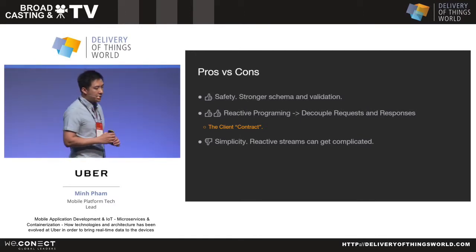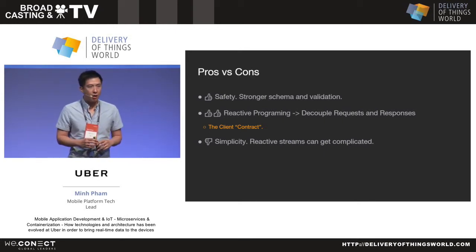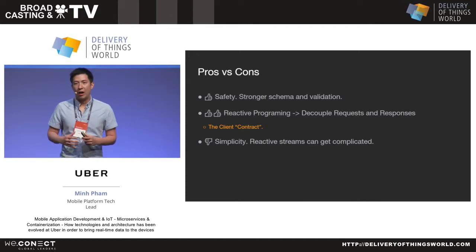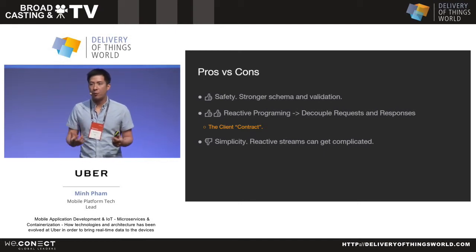But the biggest benefit that we have from this is that we were able to change the UI code to use reactive programming, right? The UI now doesn't have to worry about request and response anymore, and it can think about data in terms of streams, in terms of reactive programming.